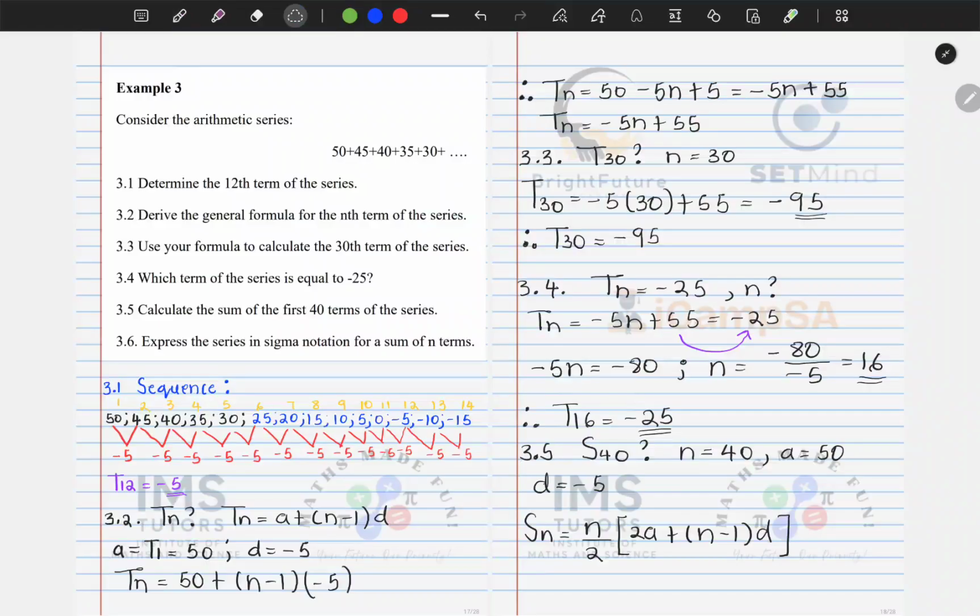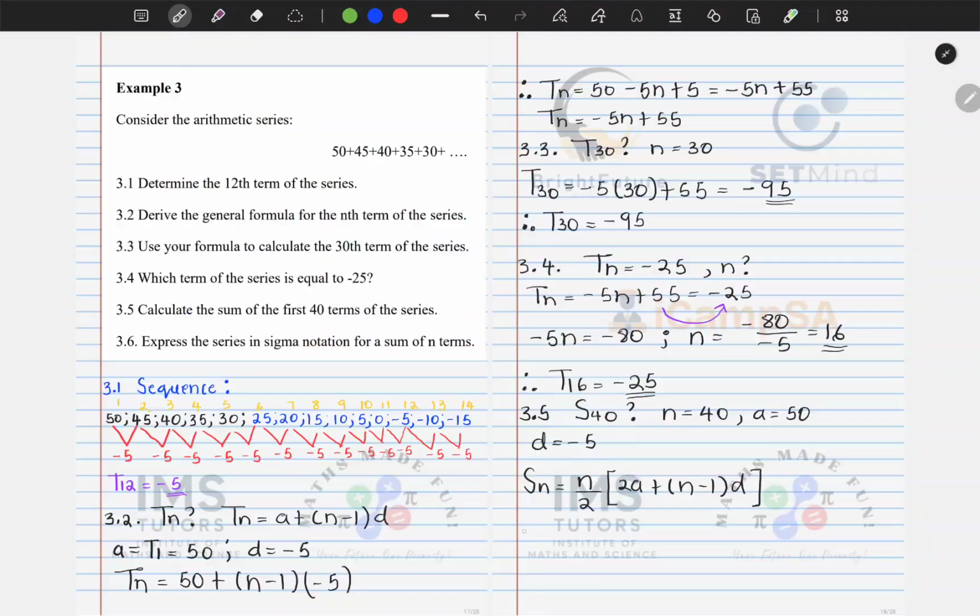So let's substitute the numbers which we have and see what our S40 gives us. We'll have 40 over 2 into 2 times our a, which is 50, and then plus 40 minus 1, multiplied by our d, which is negative 5.